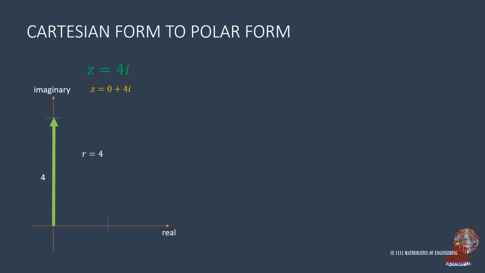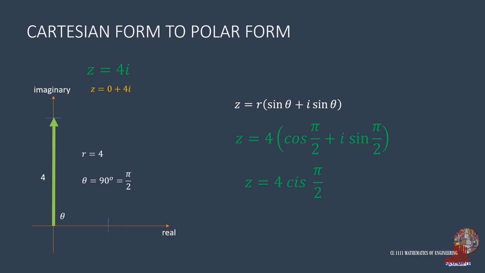This is r, and from the graph, theta is shown as 90 degrees, or pi over 2 in radians. So from the standard polar form, we can write z as 4 cosine of pi over 2 plus i sine of pi over 2. This can also be shortened as 4 cis pi over 2.